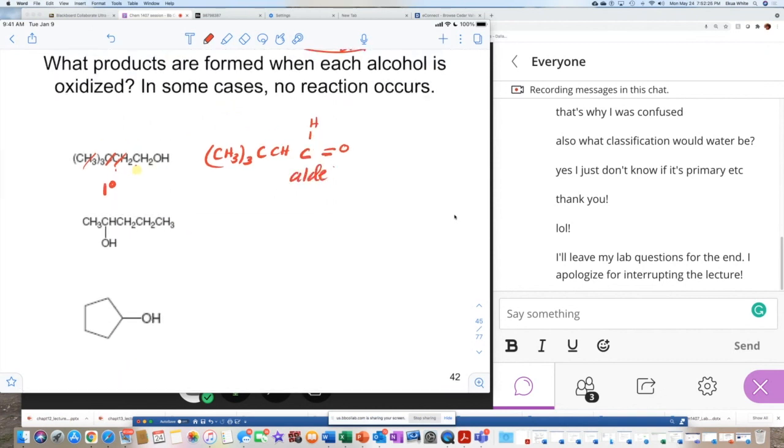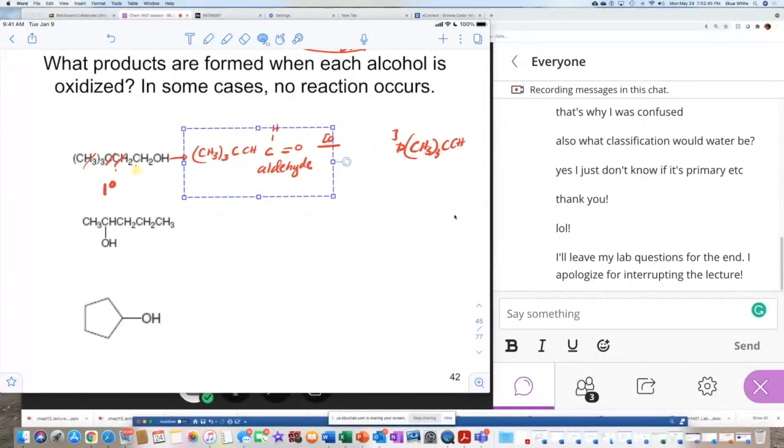This is my aldehyde. I know it looks a little different, but this is my first level oxidation, and when I undergo my second level oxidation, CH3, CH, and then now the carbonyl group gets an OH group, which is essentially a carboxylic acid.